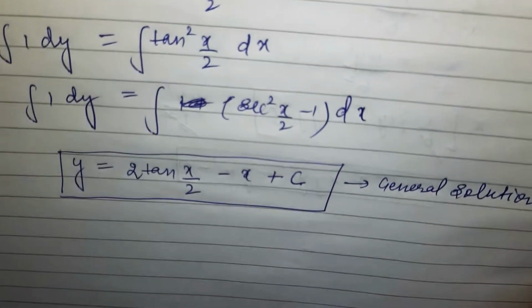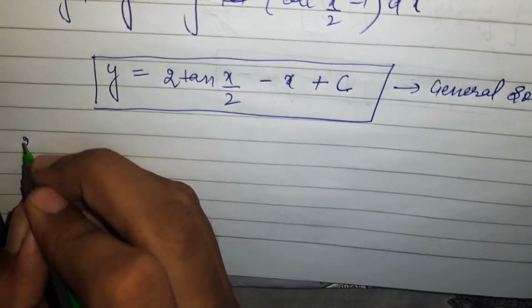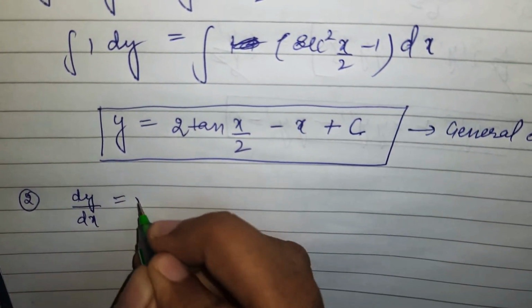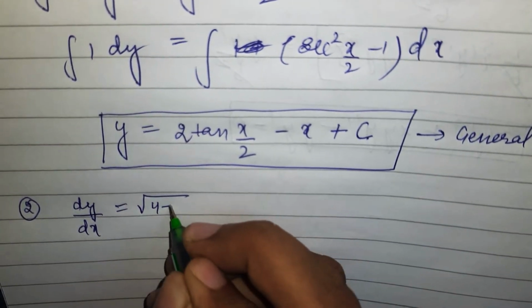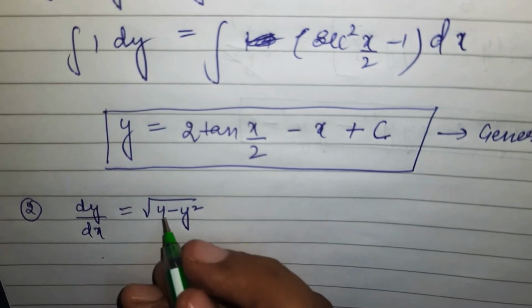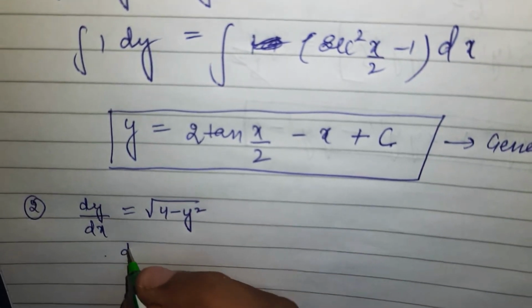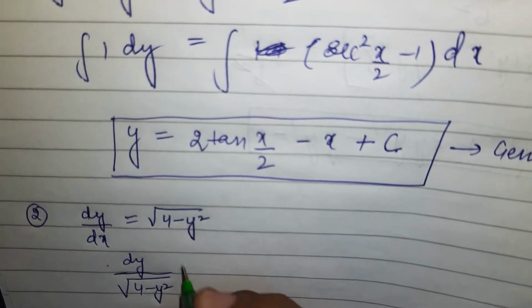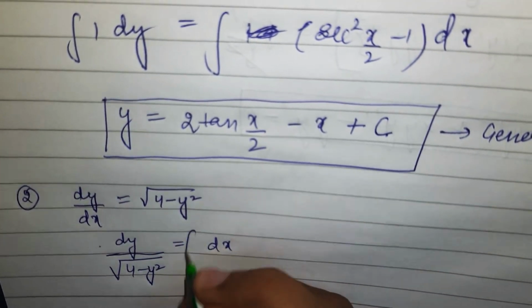Now come to the next question. In question number 2, dy by dx is given as equal to under root of 4 minus y square. Now the dy and y terms I need to take together. So can we write it like this: dy upon under root of 4 minus y square equals dx. Now integrate both sides.